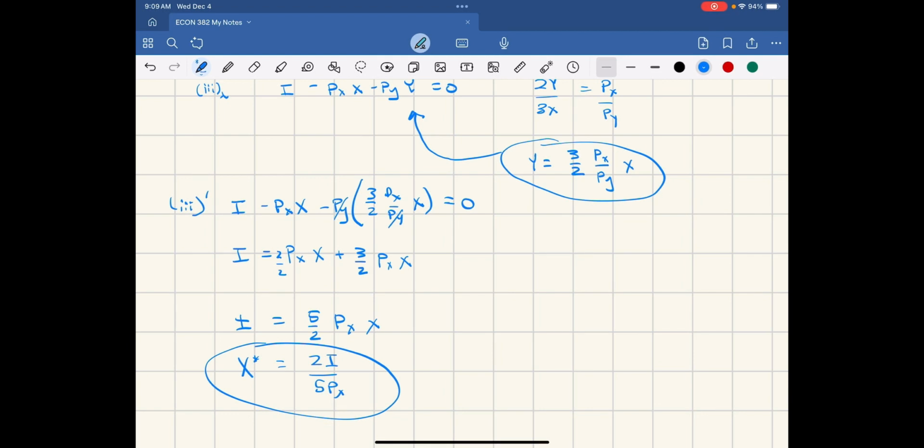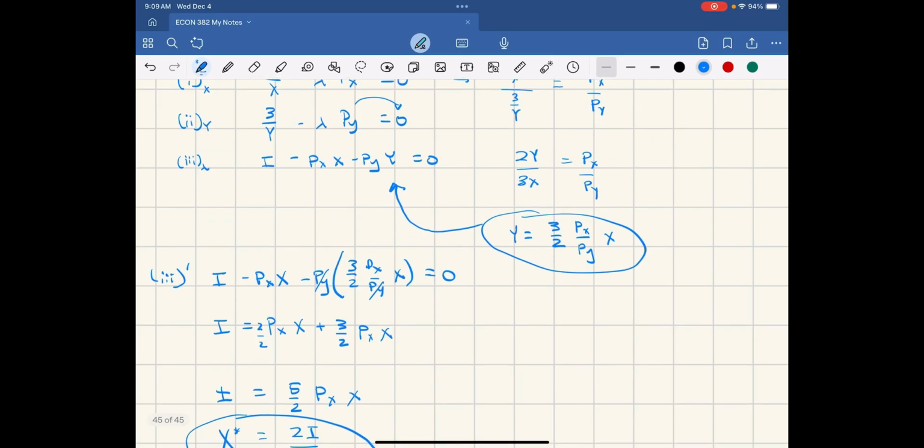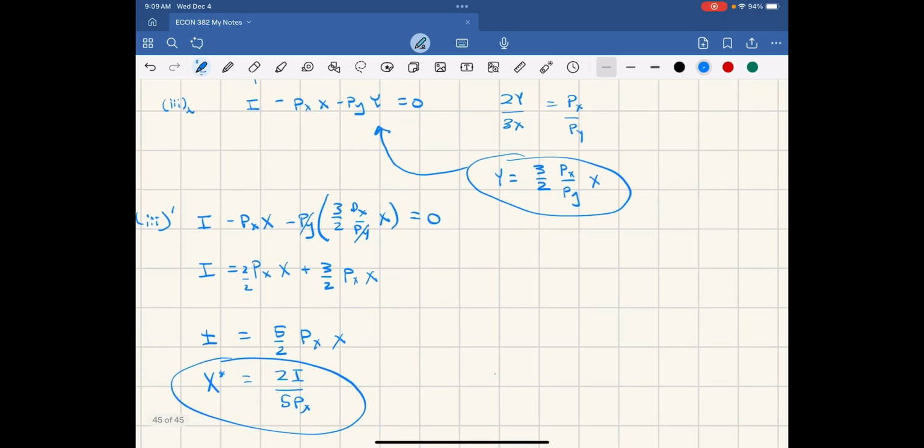Okay, once I get that, I can plug it back into the budget constraint. So now the budget constraint for y is I is equal to px times x, which is 2I over 5 px, plus pyy.